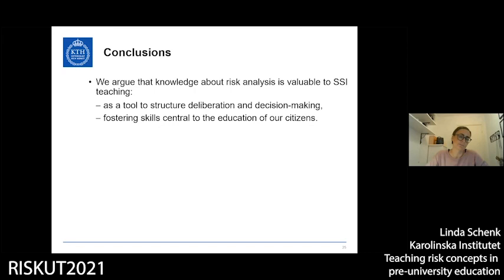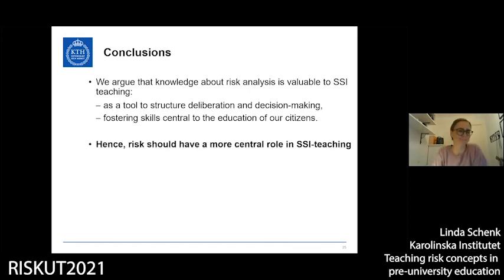And of course, knowing about risk analysis, risk assessment, and risk management is knowledge that is important to us in our daily lives as citizens. So it would foster skills central to the education of our future citizens.